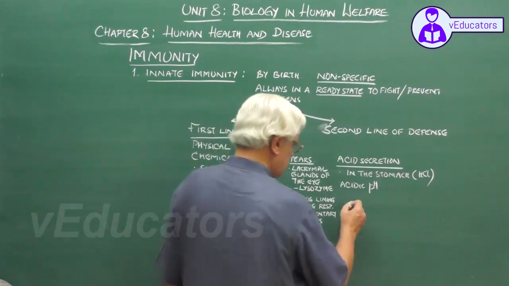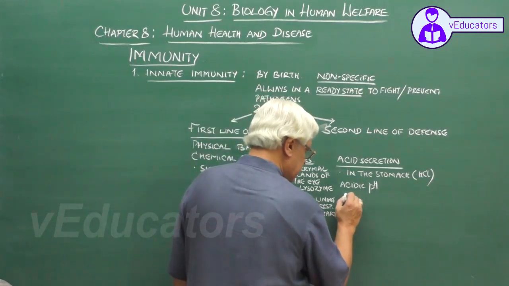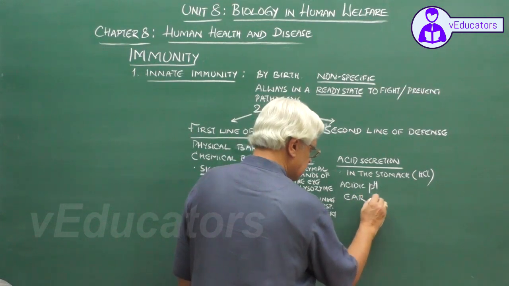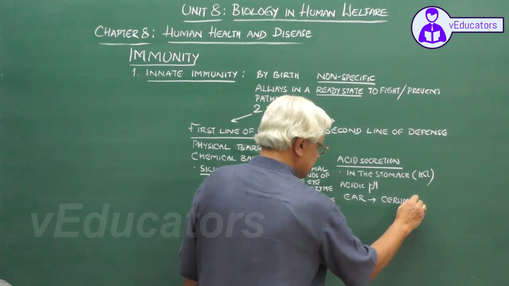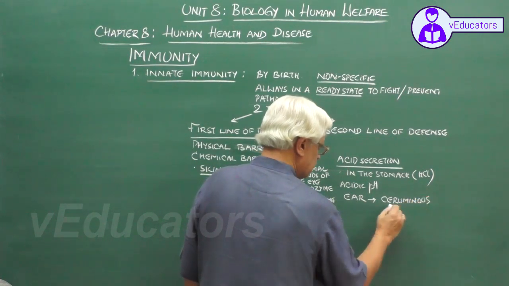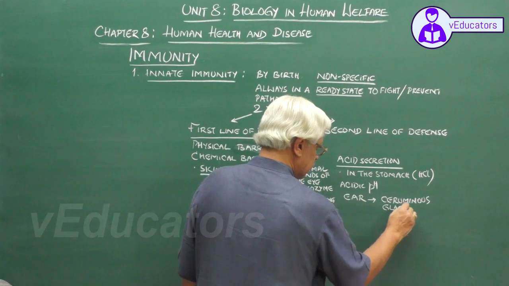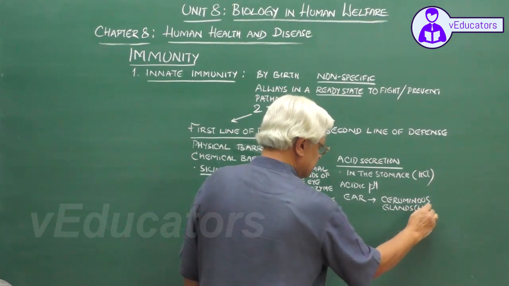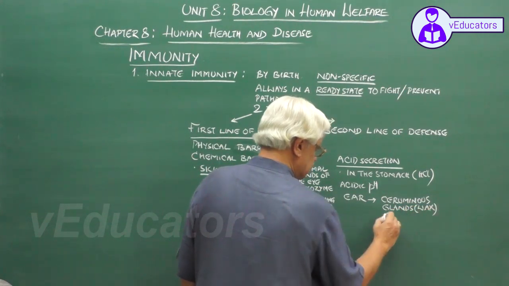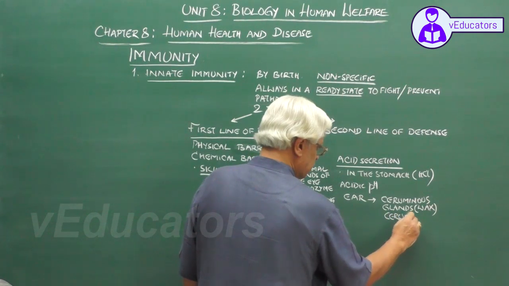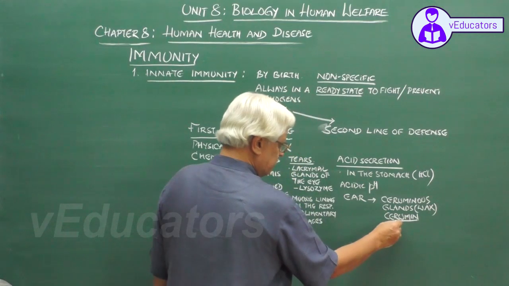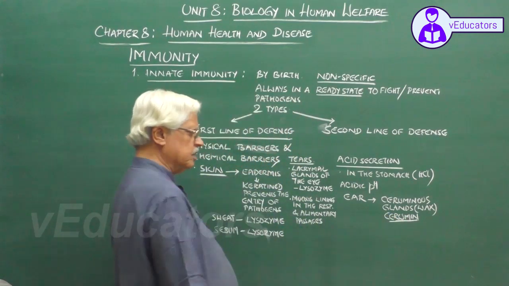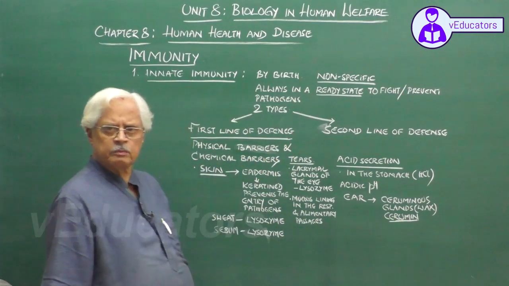Then in the ear there are ceruminous glands, wax producing glands, and that wax is called cerumen. It is also meant for trapping unwanted particles as also pathogens.